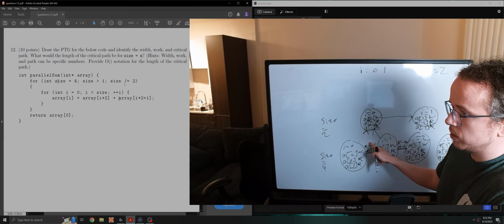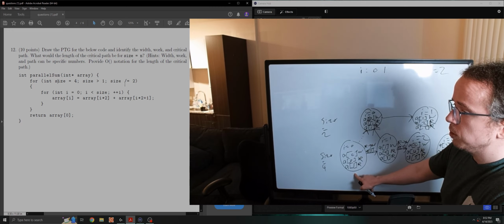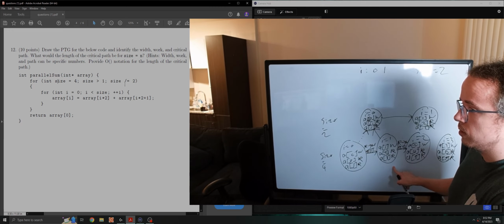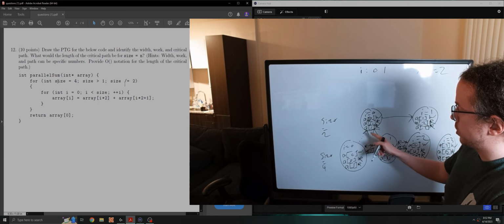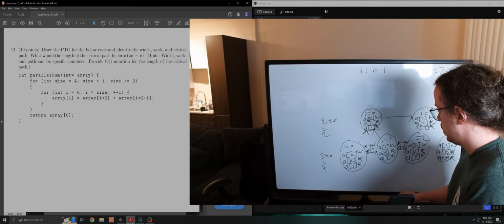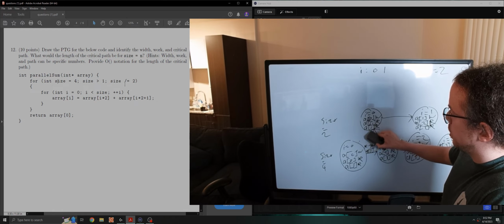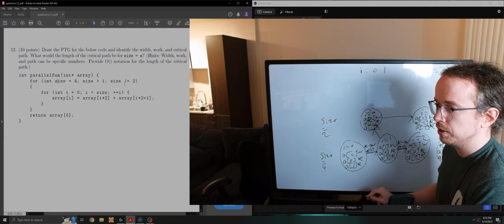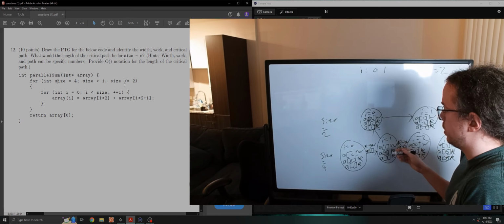The reason I draw this with a dotted line is this is a transitive dependency. You had to compute this, then this, then this. So it wasn't okay to do this task immediately after this one. You had to do this one first. And so we don't show transitive dependencies generally because it gets too messy, and the direct dependencies really cover the difference.